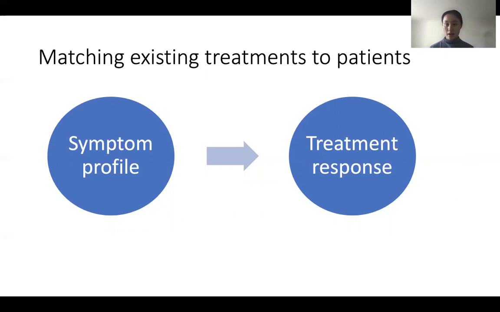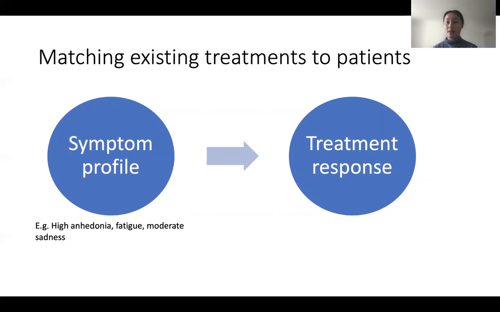Once we establish a relationship between a certain type of symptom profile and treatment response, we can measure every patient on these multiple symptoms, construct a profile, and then know what treatment to use for each type of patient.